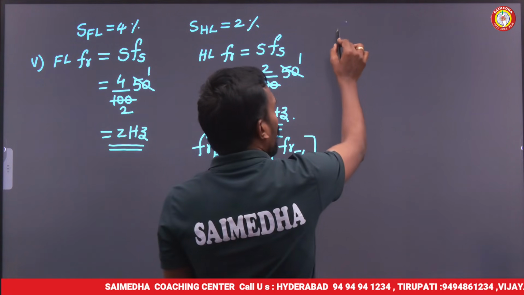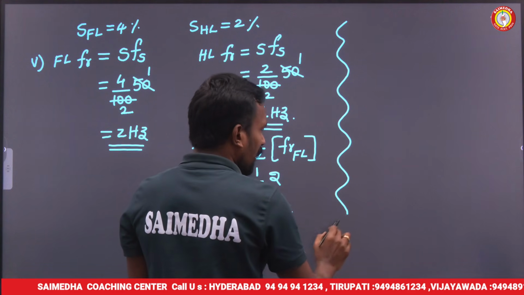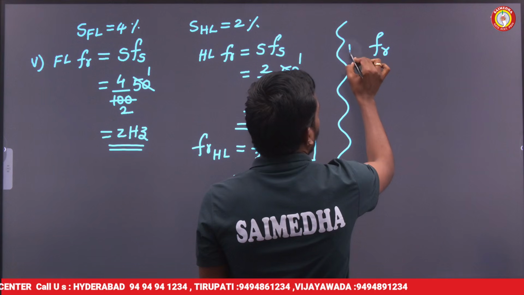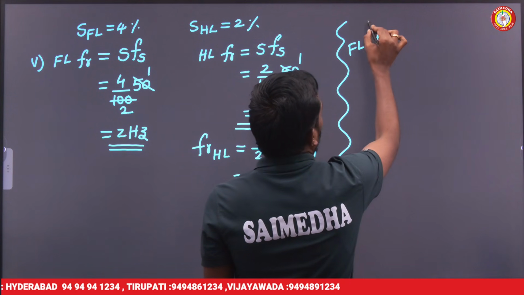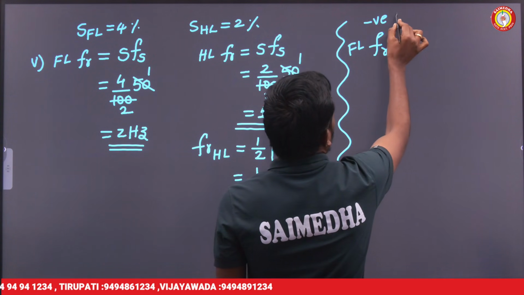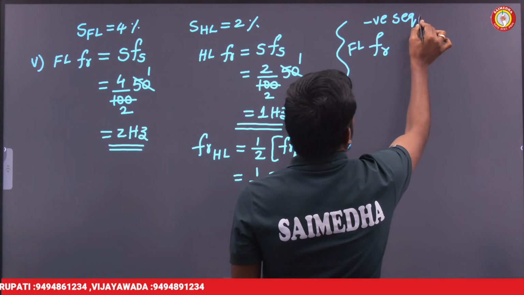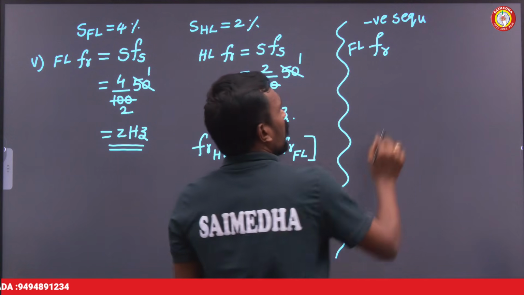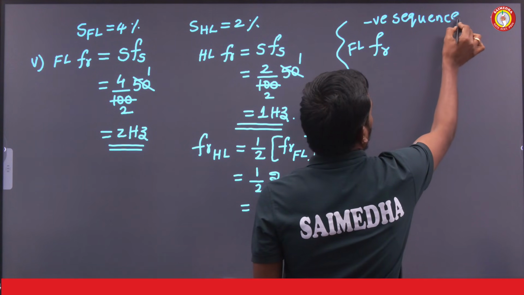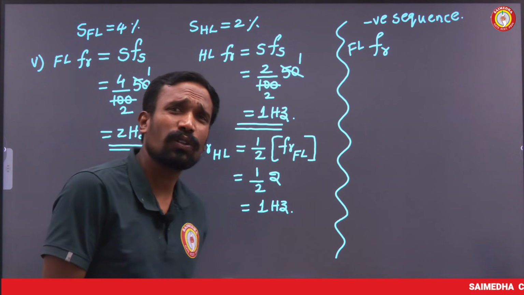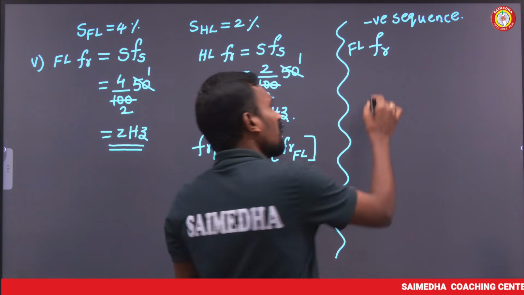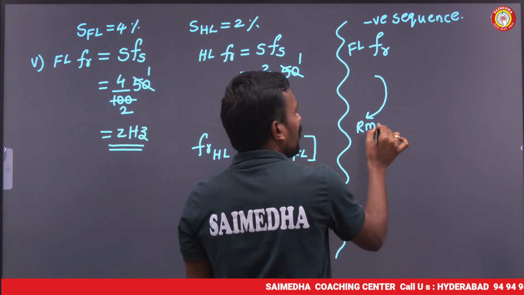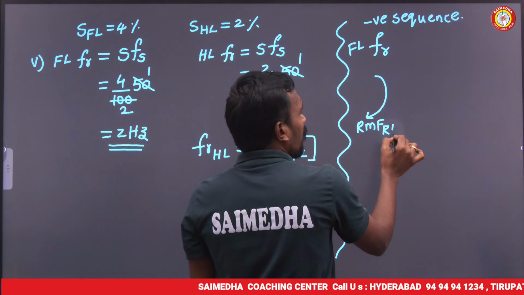But apart from all these, they will ask you, what is the rotor frequency at full load if the rotor is rotating in reverse direction? If the rotor is rotating in negative sequence, or in reverse direction, the magnetic field is rotating clockwise.